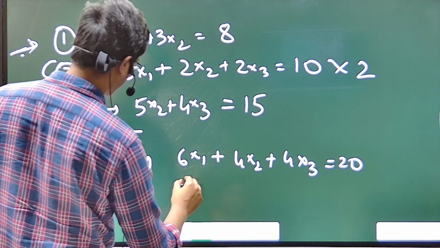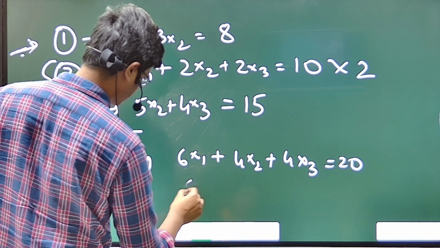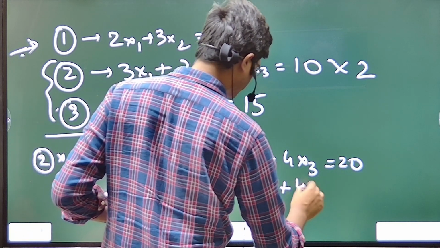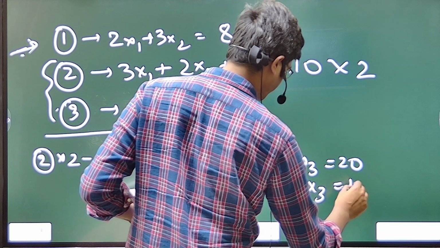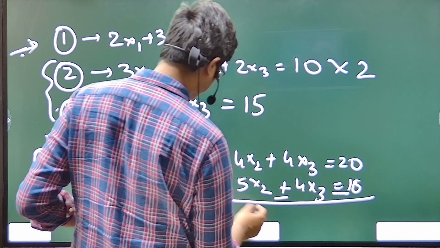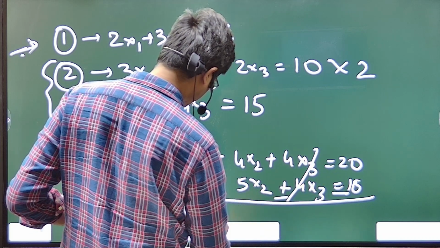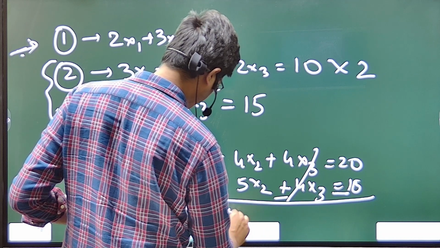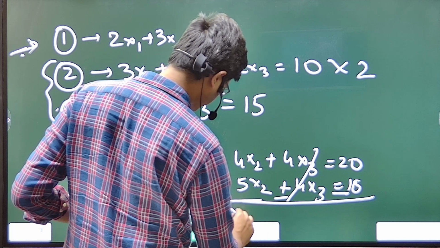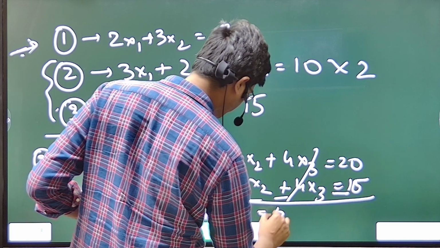And I have 0 plus 5x2 plus 4x3 equal to 15. I am subtracting this, so these both will cancel off. I have 6x1 minus x2 equal to 5.